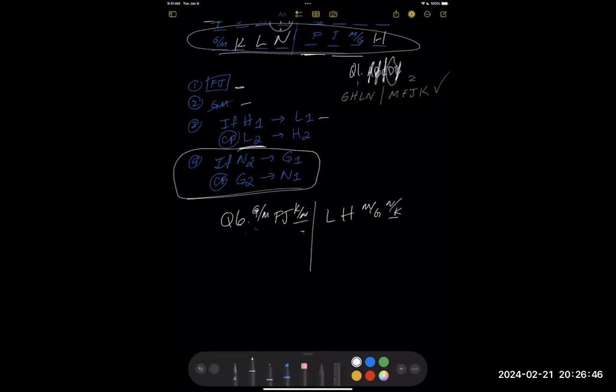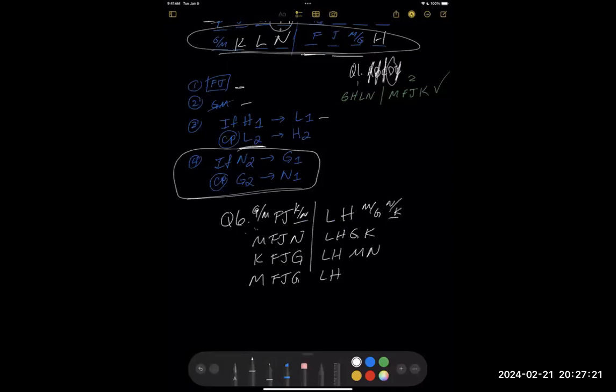So if this is M, F, J, this has to be N. And if we have K in group one, then we have to have G. And it's possible for me to have both M and G in group one, and that would be fine.